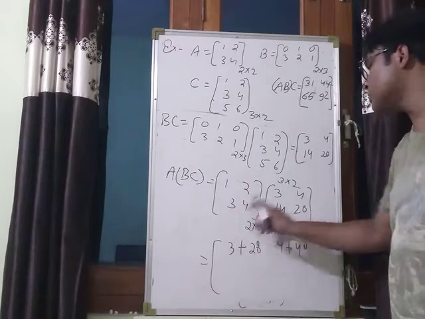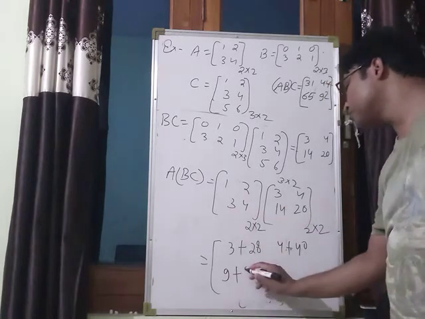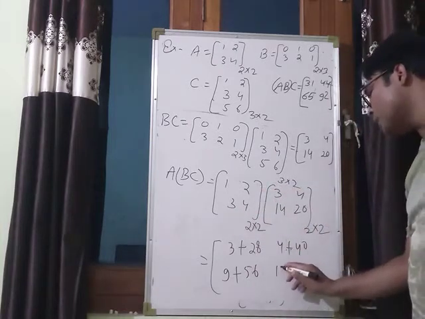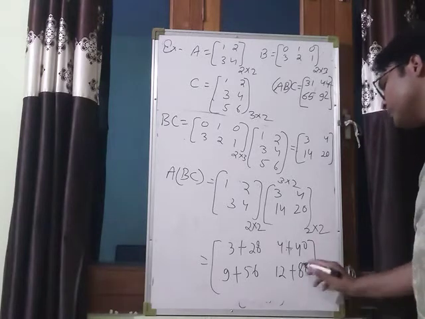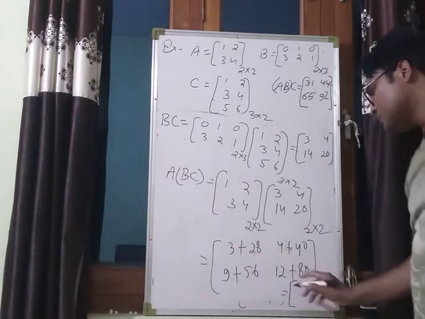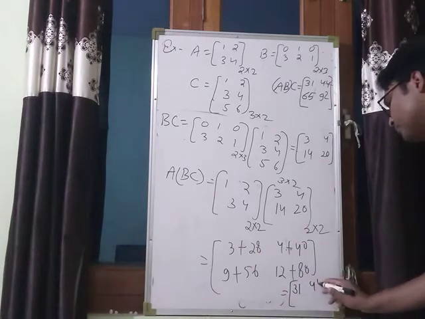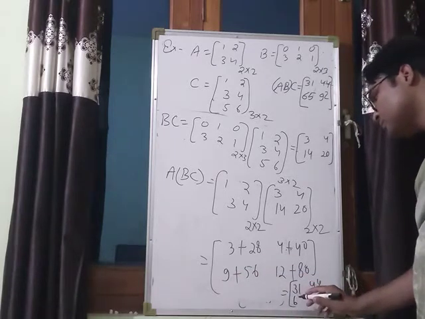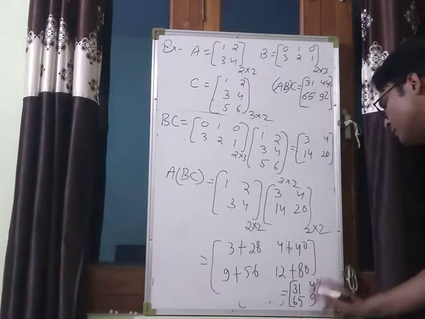Second row, first column, 3 into 3, 9 plus 4 into 14, 56. Second row, second column, 3 into 4, 12 plus 4 into 20, 80. What will become? 28 plus 3, 31, 40 plus 4, 44, 56 plus 9, 65, and 12 plus 80, 92.